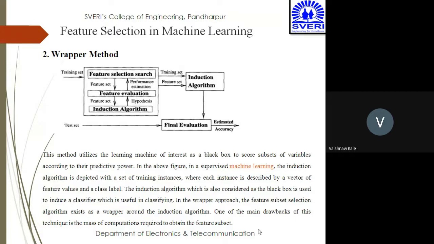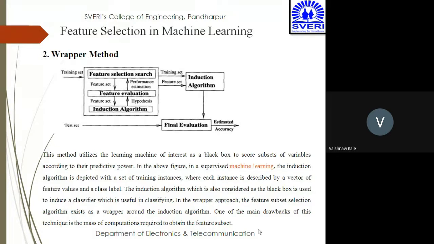This is how the wrapper method works. It obviously has two things: a training set and a test set, then you get a training set and feature set, then the induction program, which is given to the final evaluation. Then the test set and the training set both are given to the final evaluation, which helps to get an estimation of the accuracy. This is how the wrapper method works.